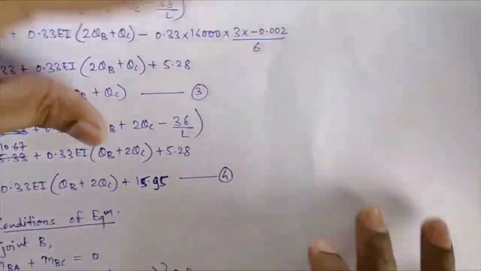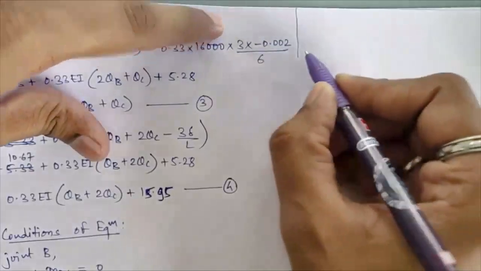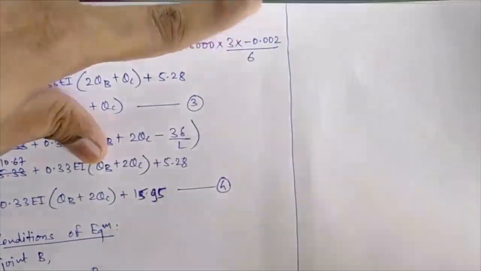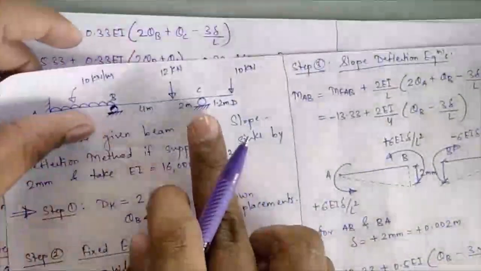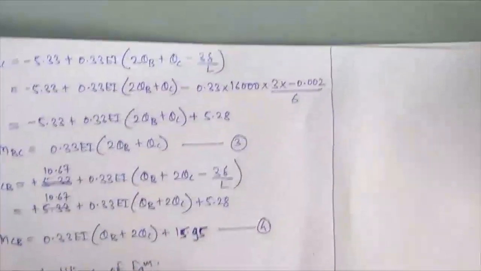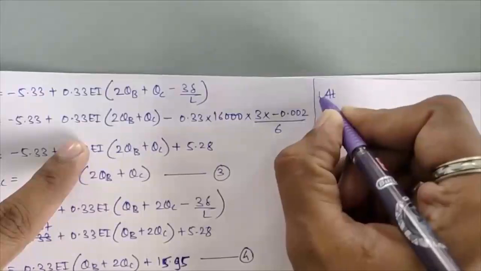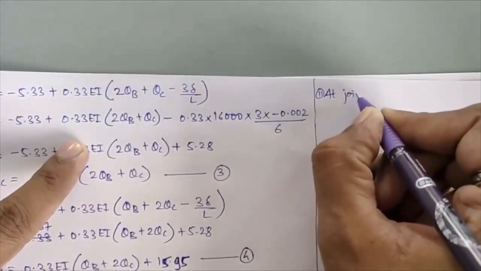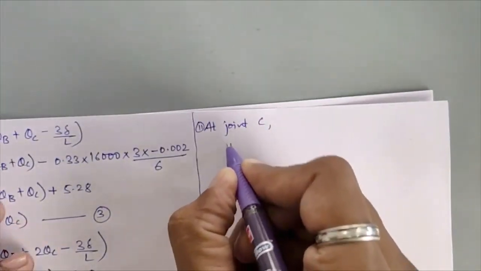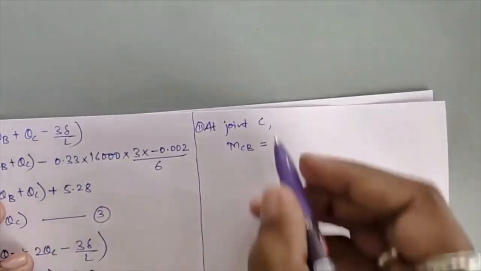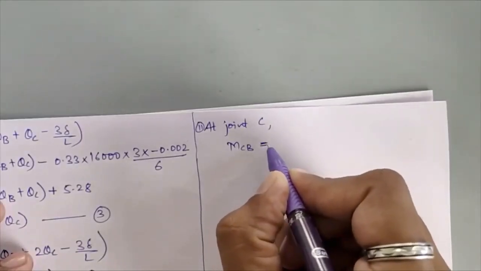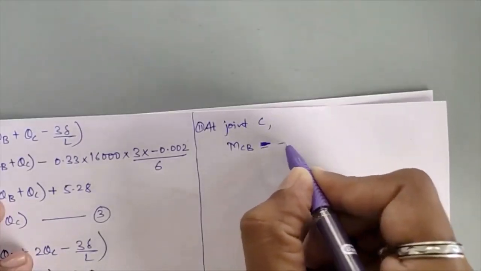Okay, then for the second equilibrium equation, you have to consider the next joint, that is joint C, the simple support. So here I write the second condition at joint C. What will that condition be? MCB shall come equal to minus 12.